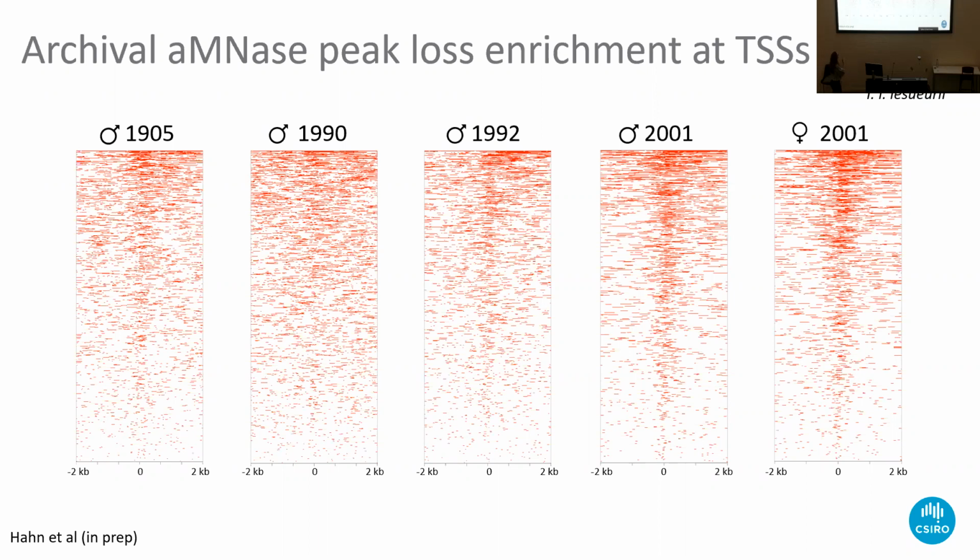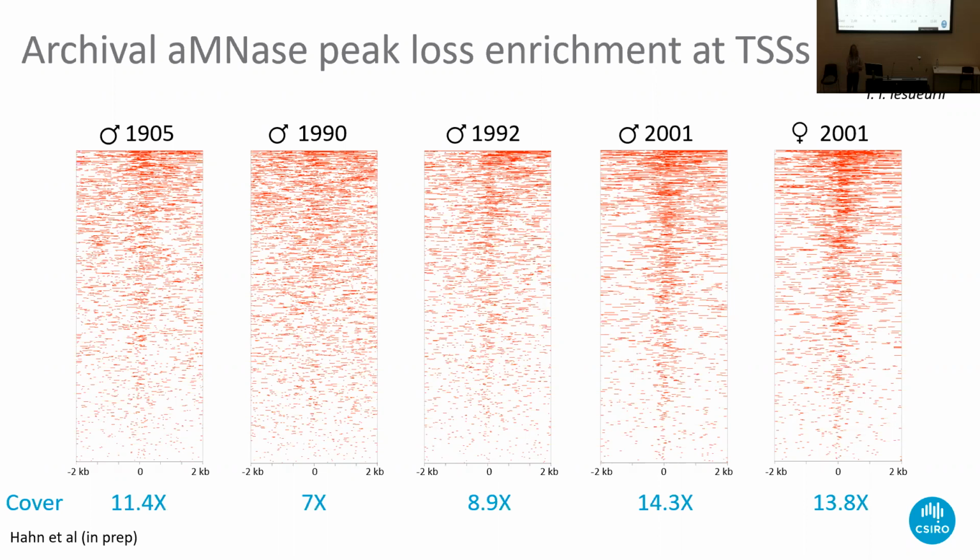And what you see is an enrichment, some stronger than others, right at the transcription start site. And what's really interesting is that these 2, the more recent samples, don't look all that much different from the oldest sample. And so time in and of itself isn't the determining factor of whether or not you can get information out of these specimens. It's more likely how much time was in between collecting the individual and popping it into formalin.